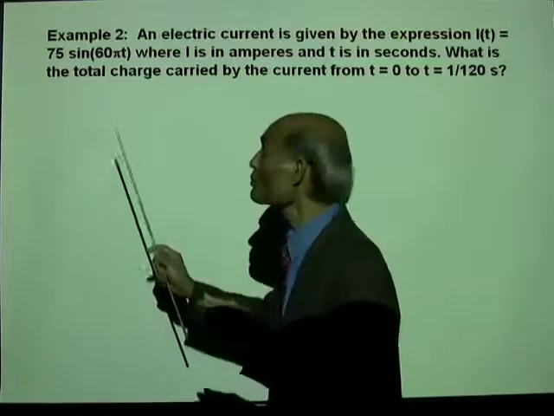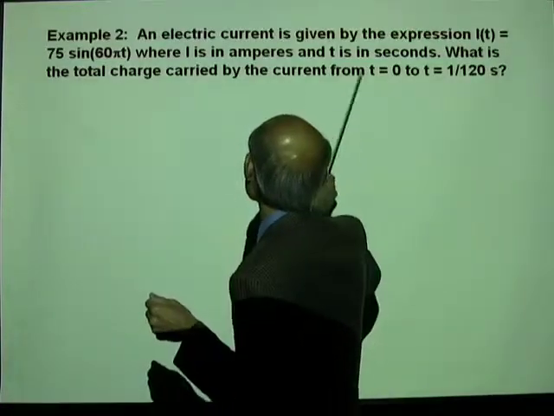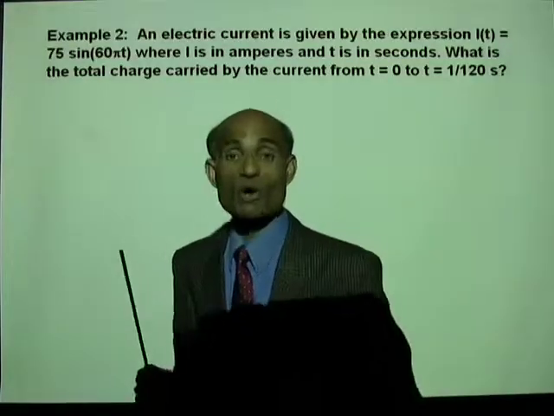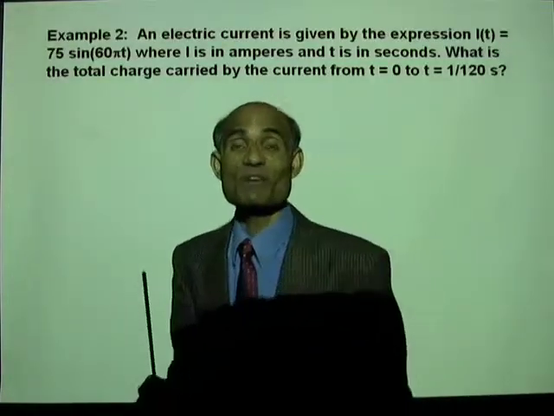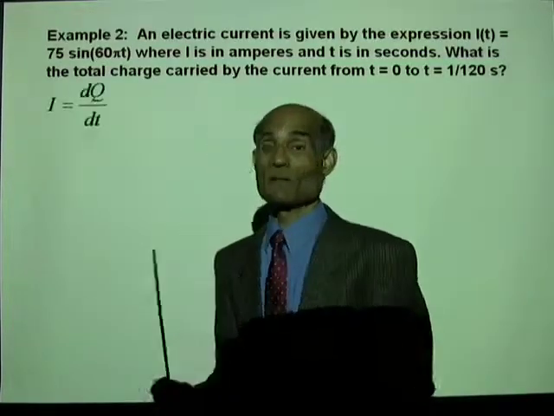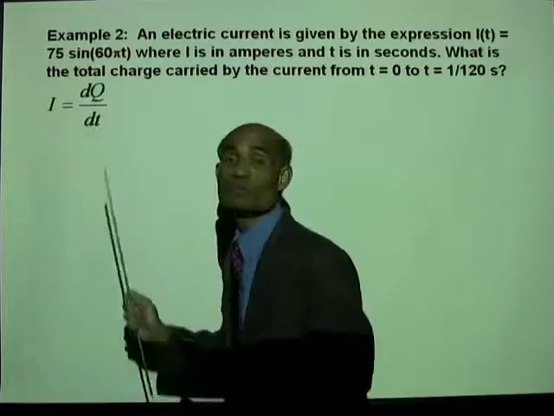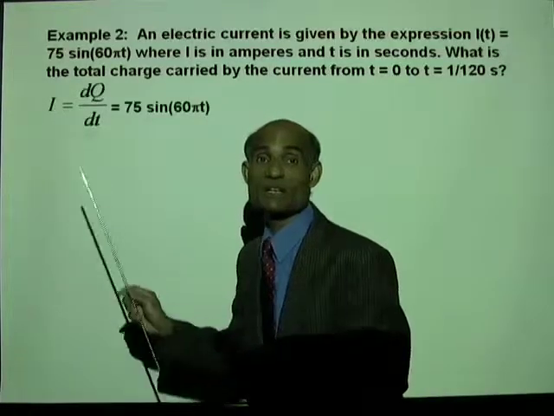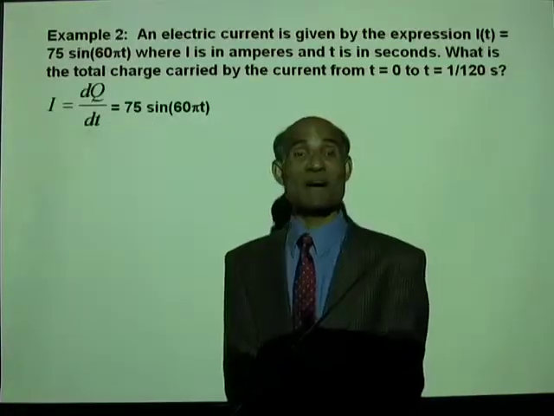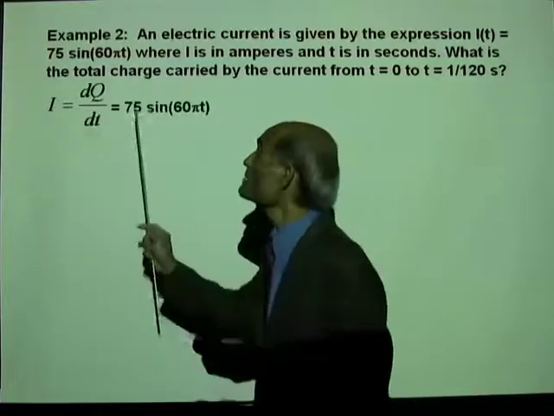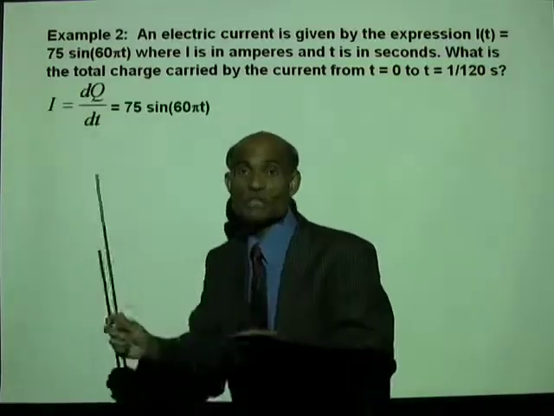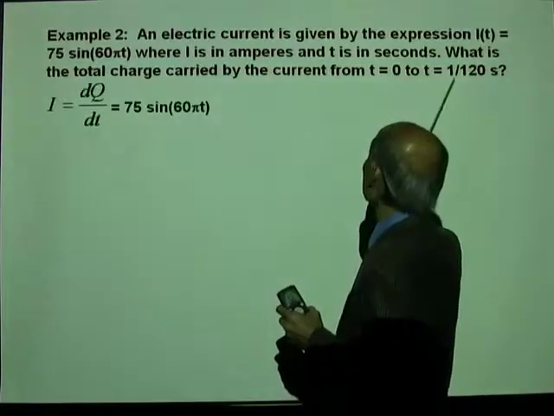Now what is the total charge carried by the current from t equal to 0 to t equal to 1 over 120th of a second in a very short interval of time? Well, you know that I equal to dq over dt, and that is equal to 75 sine 60 pi t. And we need to find the amount of charge that passes through the conductor during this time interval.